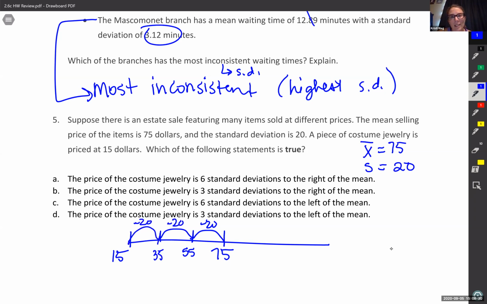So I went 3 spaces, 3 standard deviations, and I went to the left because the price was smaller than the mean. The mean is in the middle, and the standard deviation is the size of the jump. And the left or right depends on, is your number bigger or smaller than the mean? This one, the number was smaller than the mean, so it's to the left. The top one, number 3, the class with the blue eyes, that number was bigger than the mean, so it's to the right.